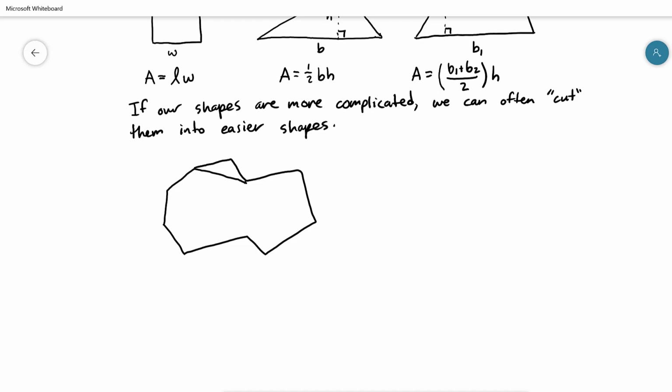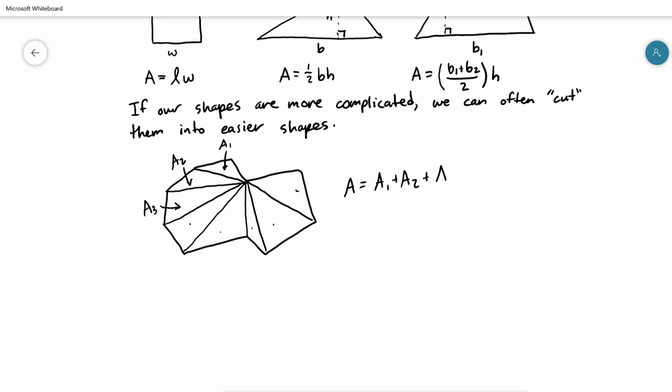I can cut that piece up from there to there. We can go from here to here, here to here, here to here. I can cut this up into a bunch of different triangles and call that one A1, that one A2, that one A3, and so on through all of the other ones, and I can just add them up. The total area is just going to be A1 plus A2 plus A3 plus however many sections we've cut this thing up into.